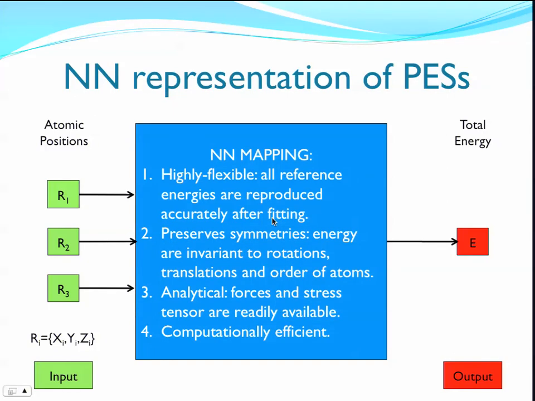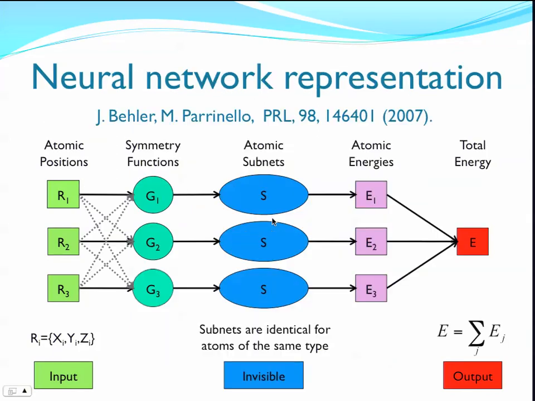Also, we want to have a neural network with such a property that if it's trained for a system containing, let's say, 10 atoms, we should be able to use this neural network for a system containing 1,000 or 1,000,000 atoms. So essentially, the scheme of Behler and Parrinello is designed to satisfy these properties.